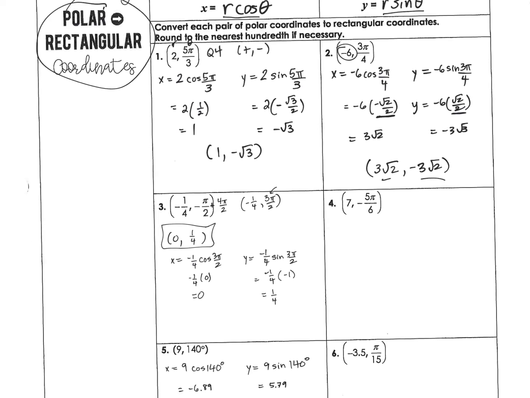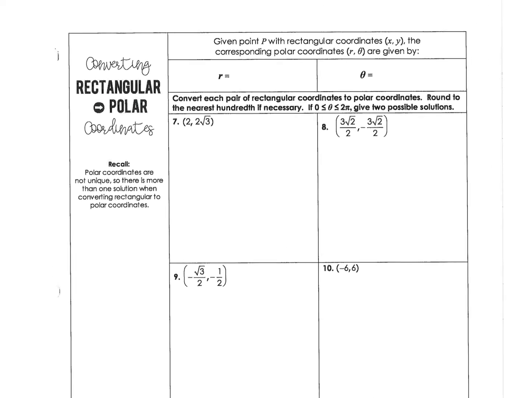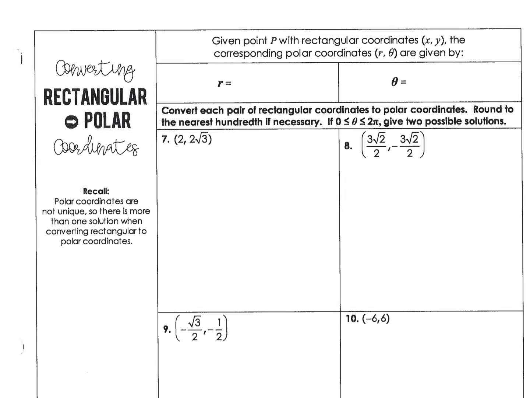We use r cosine theta, r sine theta, just like we would have if we were doing vectors. So now, can you tell me, how do I go rectangular to polar? In other words, if I have an x, y, and I want an r and a theta, how do we do that with vectors? How did we get a magnitude and a direction? How do we get the magnitude?